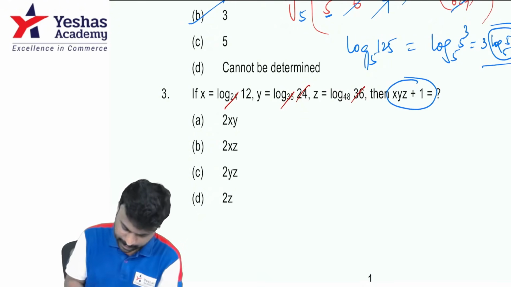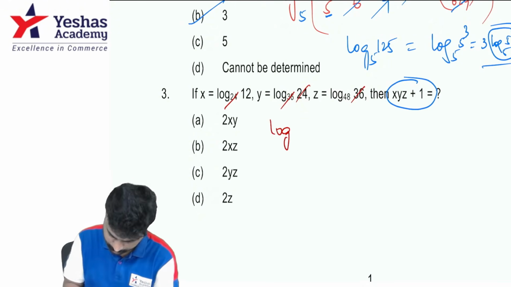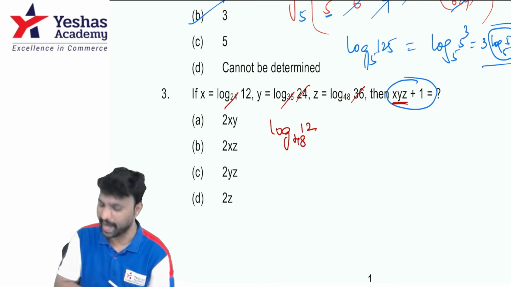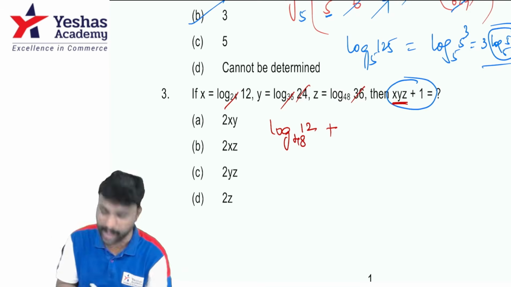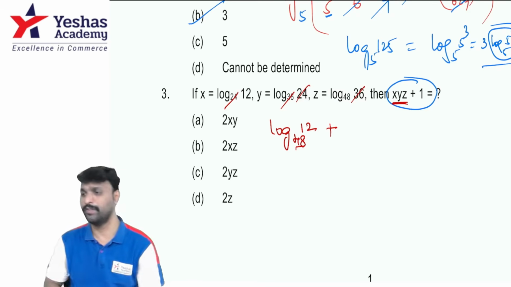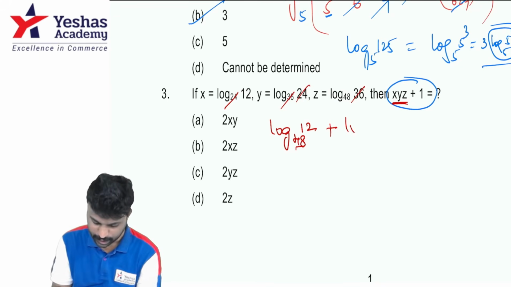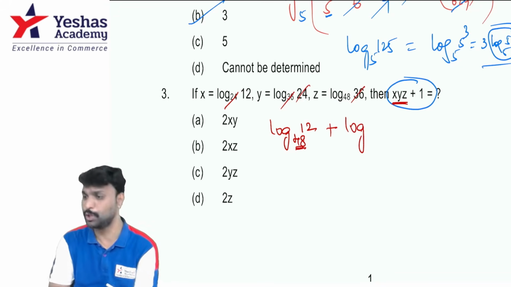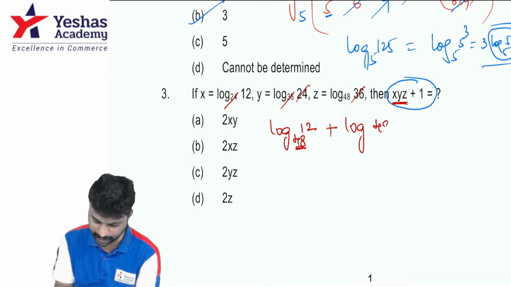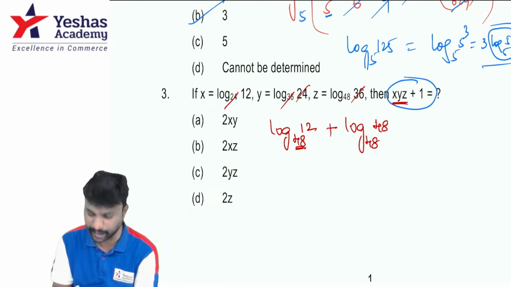That means we are left with log 12 to the base 48 as the result of xyz plus 1. Guys, look at the base of the log term here. It's 48. How do I write 1 in terms of log? Obviously the base that I have to choose is 48. You know, log 48 to the base 48 is only 1.